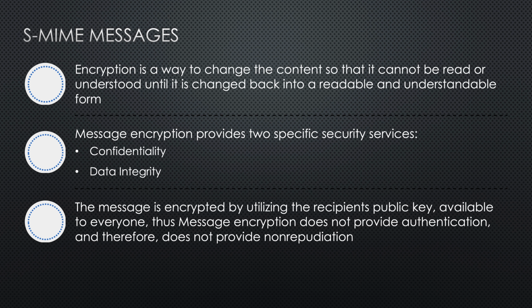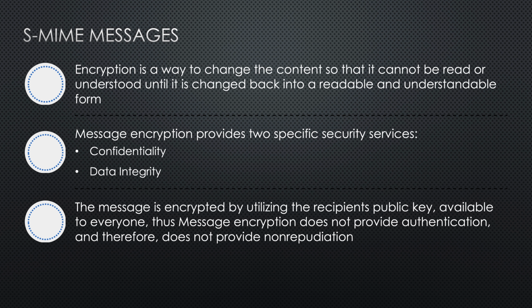So encryption, as we've said, is a way to change the content so that it cannot be read or understood until it is changed back into its readable form. Now, if you've not seen part 1 of this series, then go ahead and have a look at that. Message encryption provides 2 services, both confidentiality and data integrity.